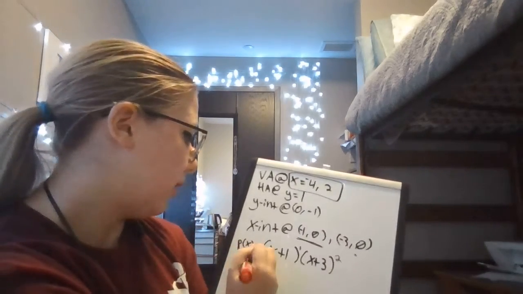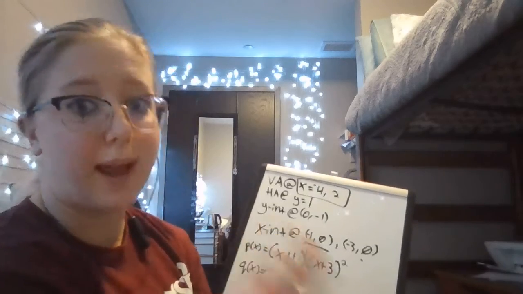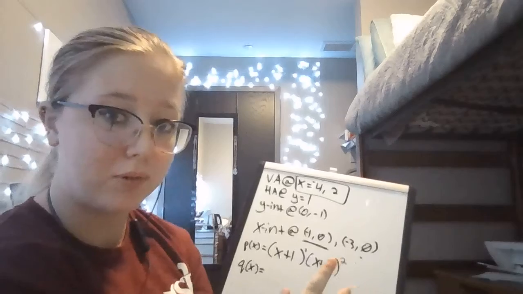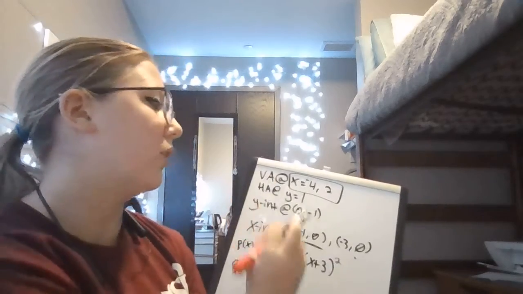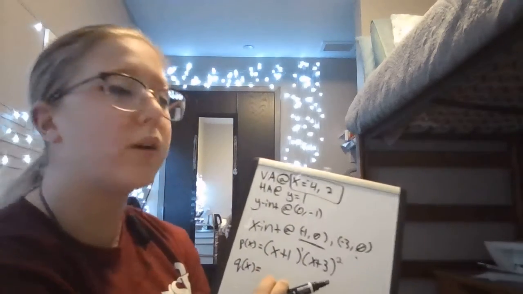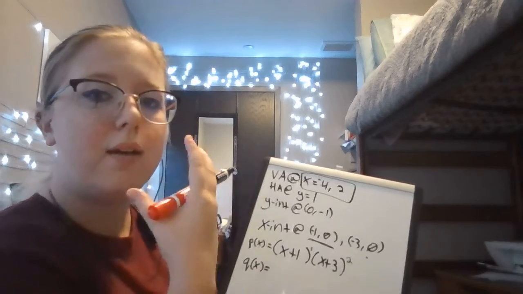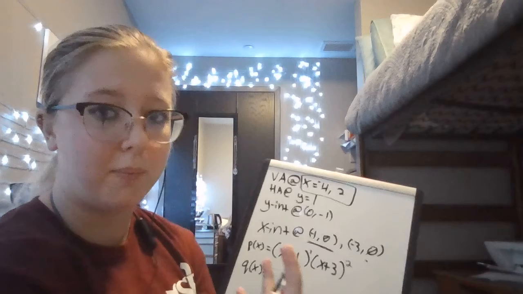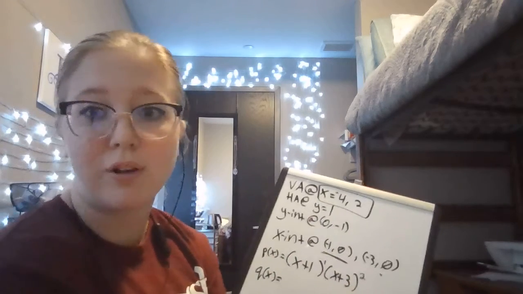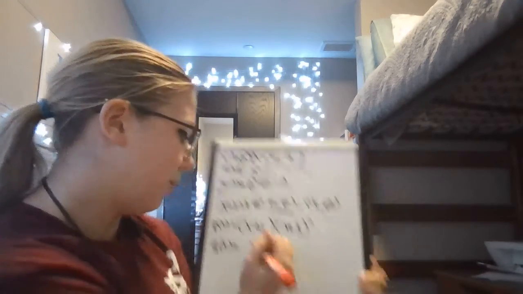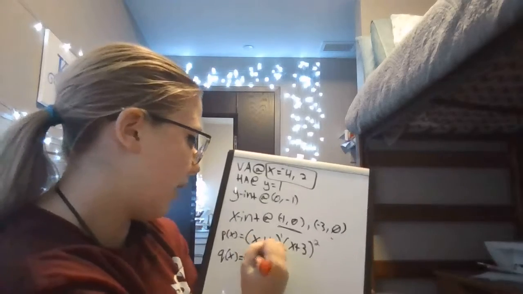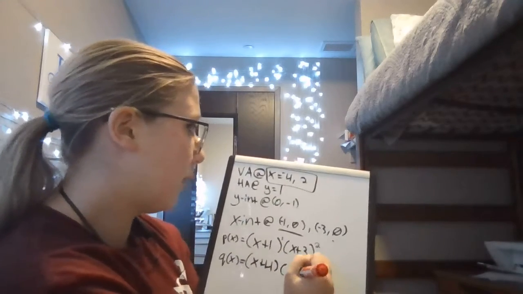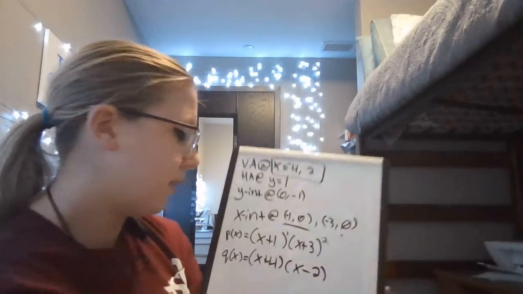For our denominator, if you remember, we set that equal to 0 to get our vertical asymptotes. We have two vertical asymptotes, x equals -4 and x equals 2. Those are the zeros of the bottom of your function, so you have x plus 4 and x minus 2.